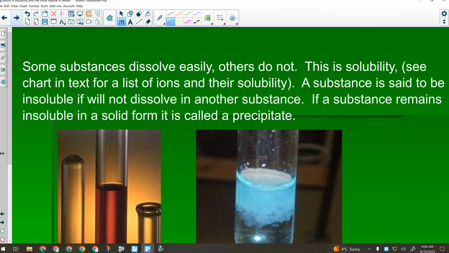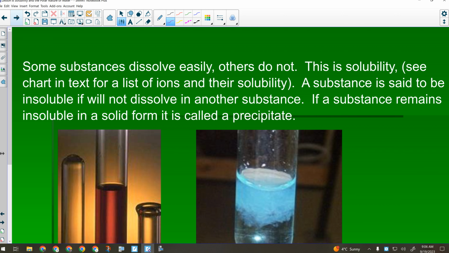Obviously, some substances dissolve better than others. If I'm making Kool-Aid or lemonade, or one of your athletic drinks, you have to shake it to dissolve it. Some things dissolve real easy, like sugar or salt in water. But there are other things that don't, like butter.